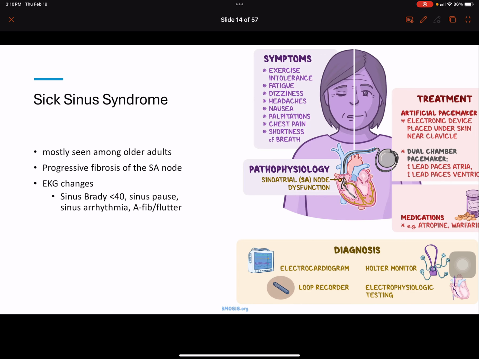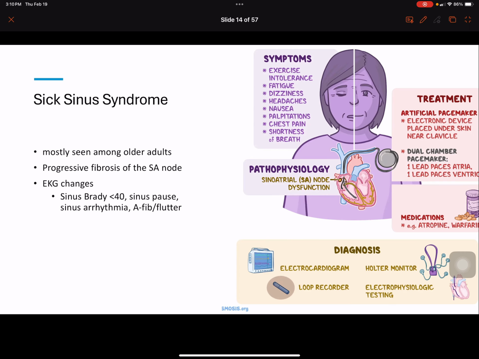Essentially it's caused by progressive fibrotic changes in the SA node. Symptoms could be poor exercise tolerance, like you can't up your heart rate when you need to, fatigue, dizziness, headaches, nausea, episodes of palpitation where you're getting ectopic beats from other parts of the atria. You could have chest pain and shortness of breath.